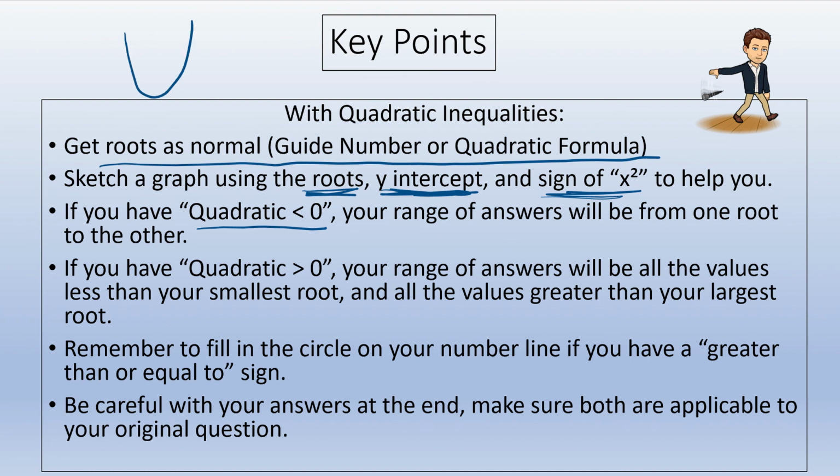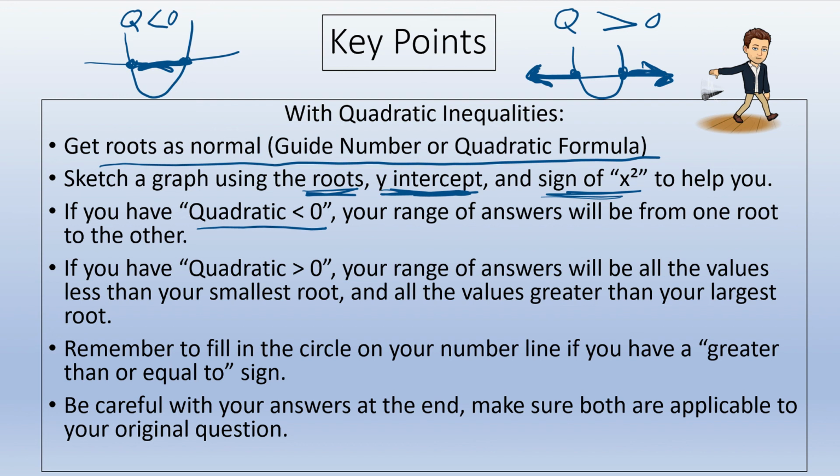So if your quadratic is less than 0, it's going to be in between here and here. And if you've got your quadratic greater than 0, it's going to be from this point here onwards and from this point here backwards. That's a rule of thumb. If you want to learn those off, it can help you identify them that bit quicker.